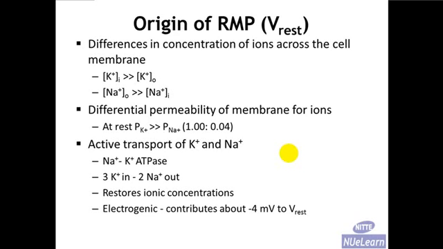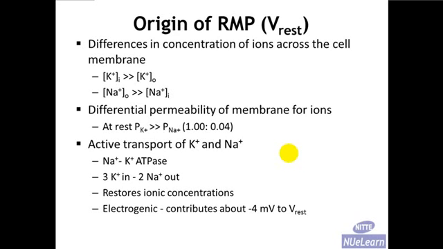Now these pumps play an important role in maintaining the ionic gradients. These pumps ensure that the concentration of sodium inside the cell is low, and therefore there is always an inwardly directed concentration gradient for sodium, and similarly they ensure that potassium levels are high inside the cell compared to the ECS, and therefore maintain an outwardly directed concentration gradient for potassium.